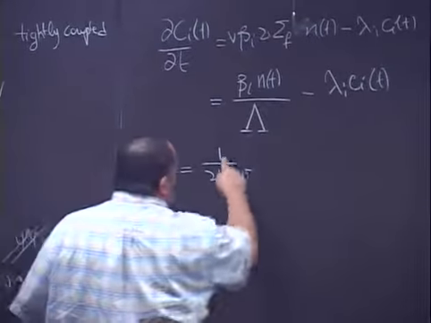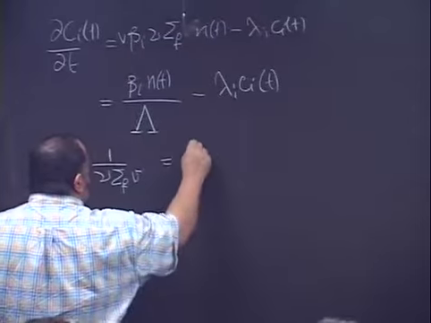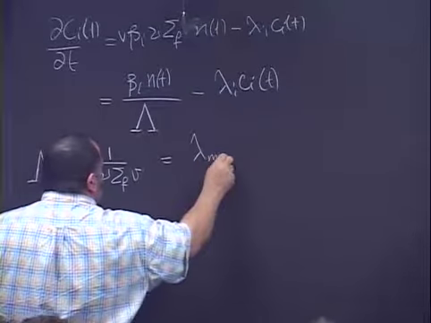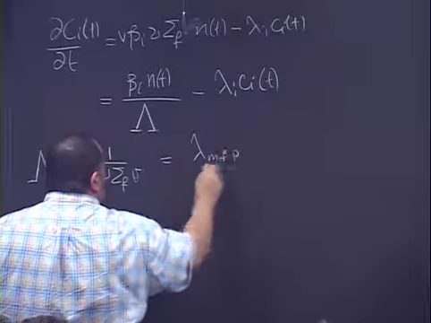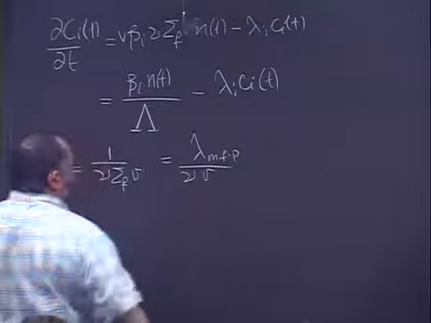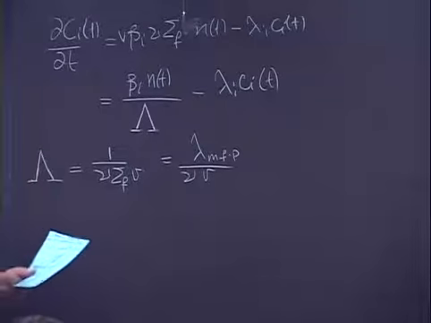So what's 1 over sigma? Lambda, the mean free path. Divided by what? Nu v. That's just the time.